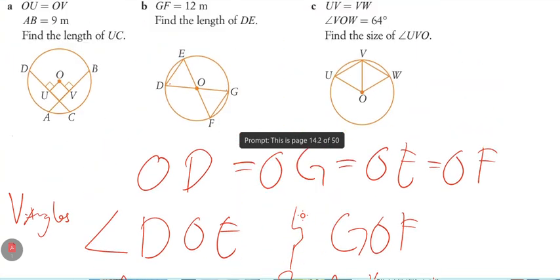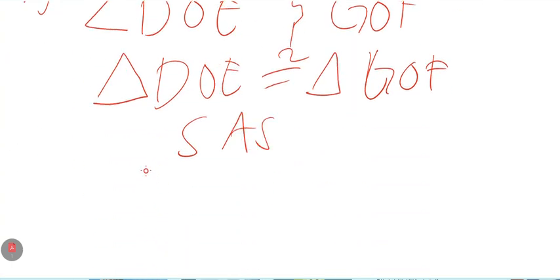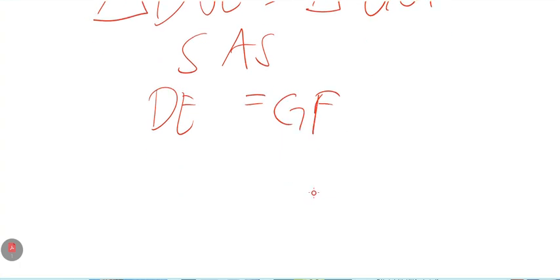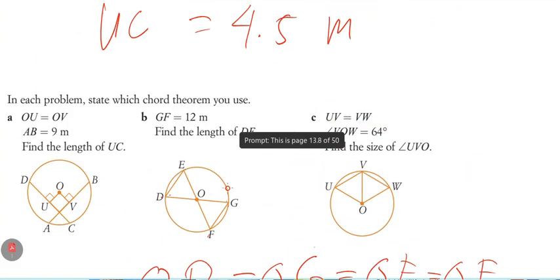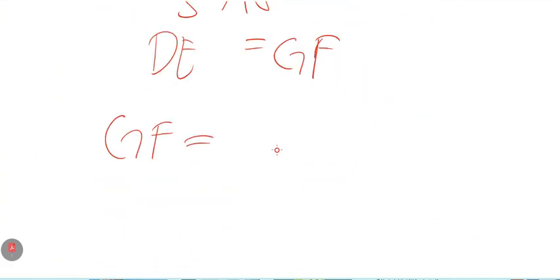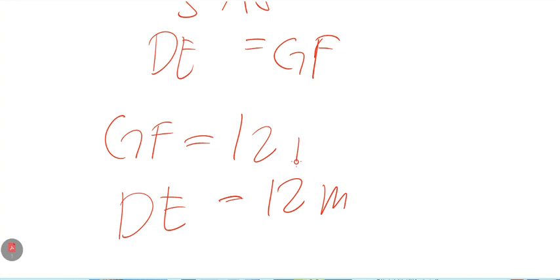Now if you look further, we have DE and GF, and you can see here that DE and GF are equal. Given that GF is 12 m, that means DE is also equal to 12 m.